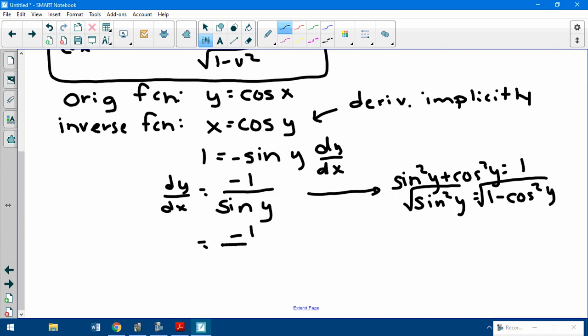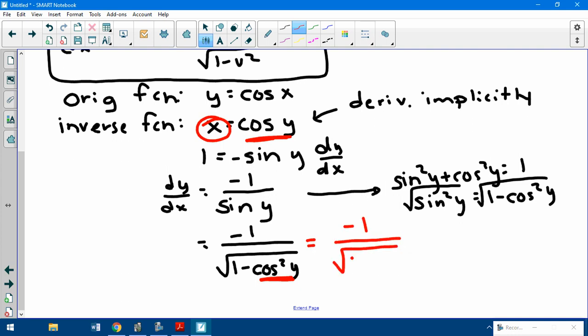It's negative 1 over the square root of 1 minus cosine squared of y. But we said that cosine of y was x, so cosine squared of y gives you negative 1 over radical 1 minus x squared. Okay, so that's why the negative's there, all because the derivative of cosine is negative sine. When we were doing this with sine, it's the exact same derivation, except the derivative of sine was positive cosine.